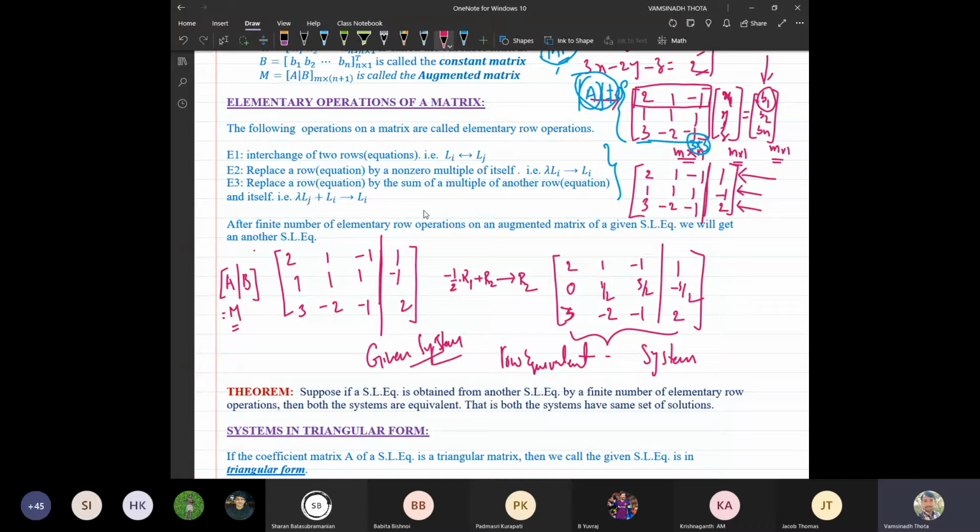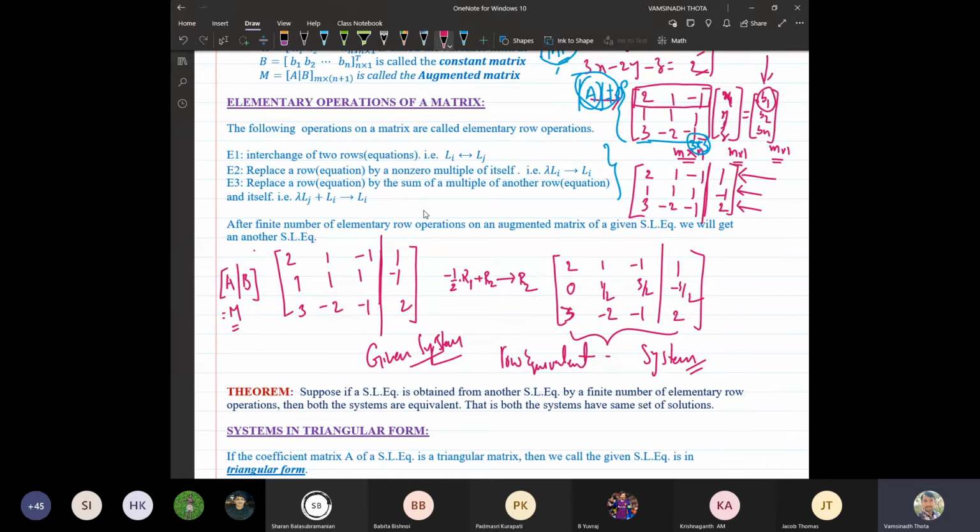Okay. So this is the given system, and after applying a finite number of elementary row operations, you are getting another system of linear equations. But the relationship between these two is that they are row equivalent. Why? Because you are applying elementary row operations only.